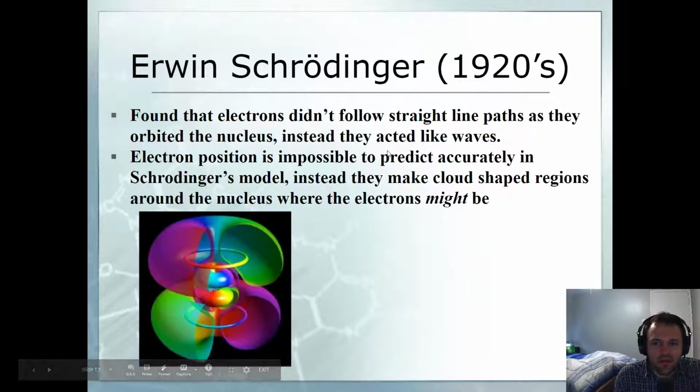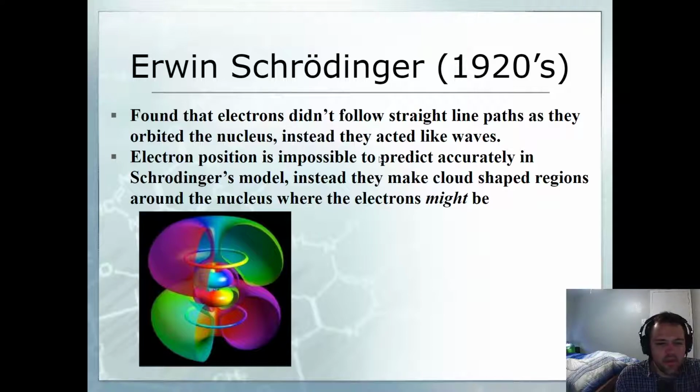What Schrödinger and Heisenberg found was that the electrons acted more like waves than particles. They were going all over the place, basically, but within set regions. And what they found out was the more they studied them, it was impossible to predict where an electron would be, really, other than saying it's somewhere in this region, somewhere in this cloud area, but we don't know exactly where.